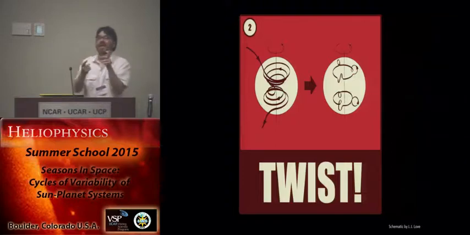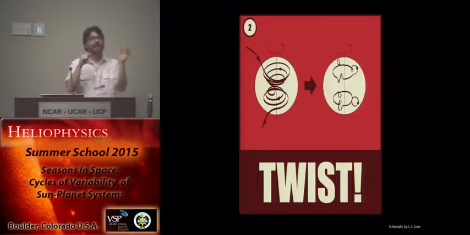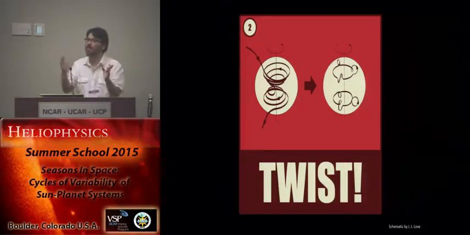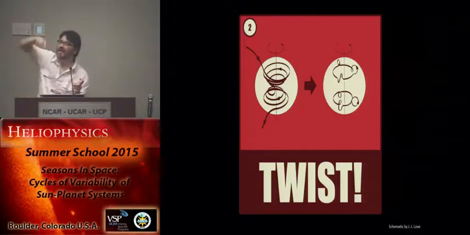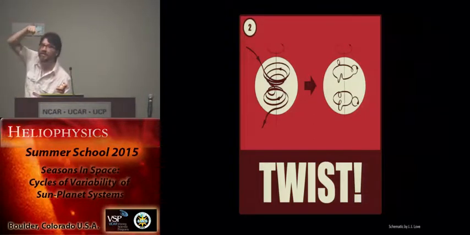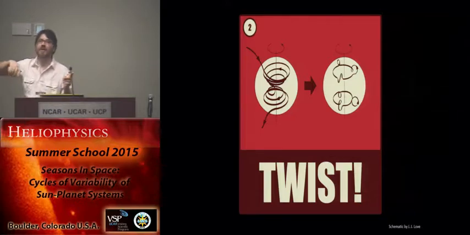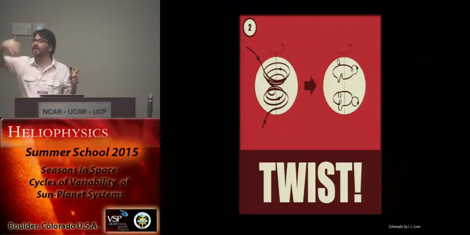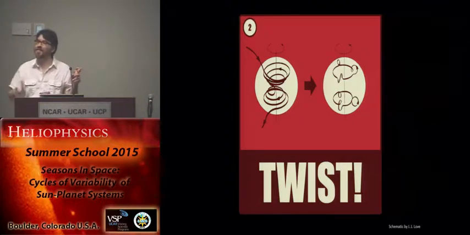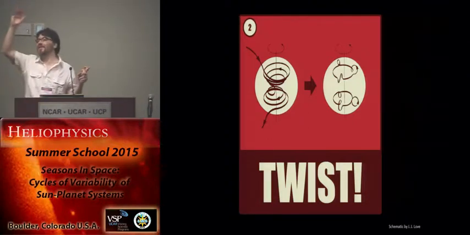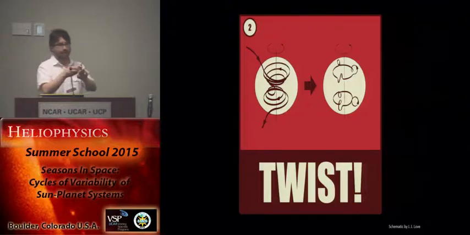So the fact that you have twists with opposite polarities cancels the fact that you have a reversal of polarities across the equator. You are basically twisting things so that when you go north-south, they have the same north-south component, in a sense.